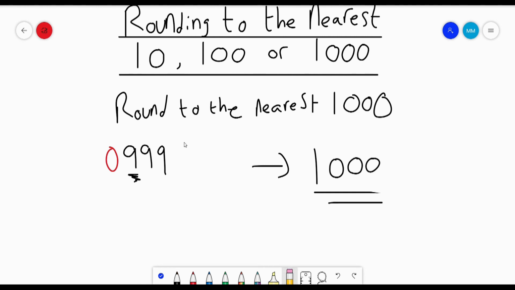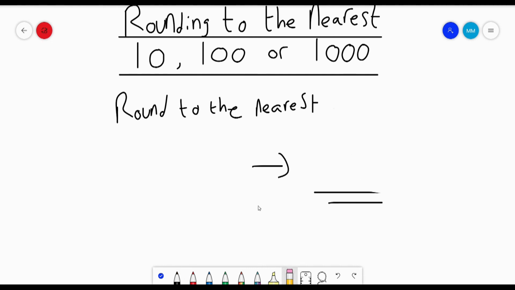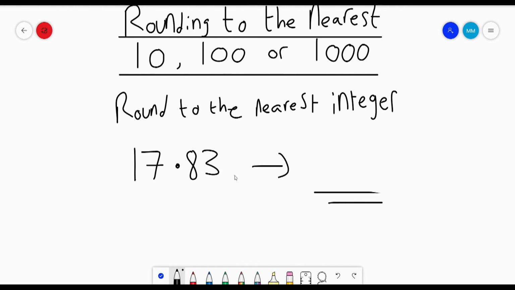And the final thing I want to say to you is you may be asked to round to the nearest integer. Integer means whole number, i.e. nothing with a decimal point in it. So if you had something like 17.83, you need an answer that doesn't have a decimal in it. So 17.83, let's look to the first number on the right of the decimal point, 8. Is 8 worth 5 or more?